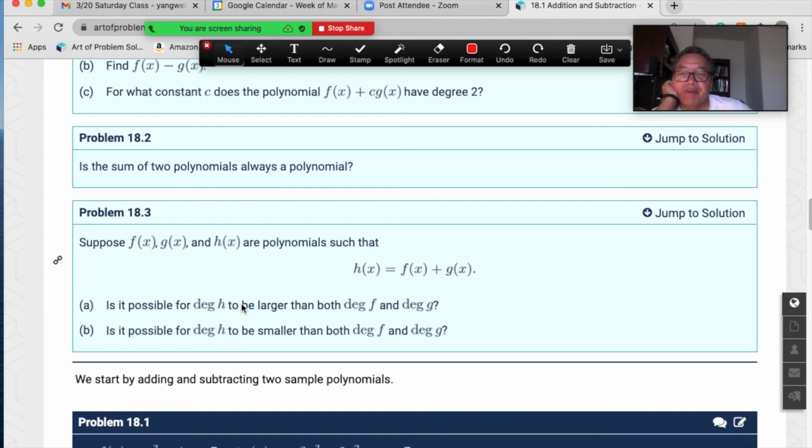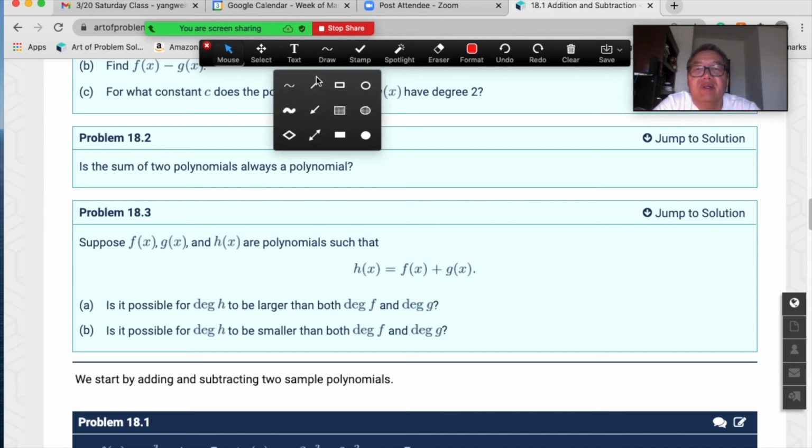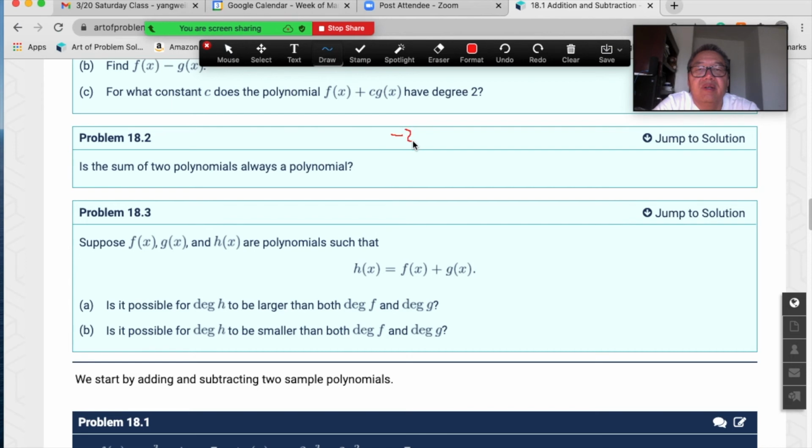Is the sum of two polynomials always a polynomial? No, because if we have one polynomial which is negative 2x plus 7, and we add it with 2x minus 7, that would just equal 0, which is not a polynomial. Is 0 not a polynomial?